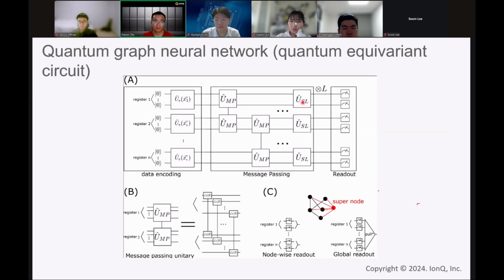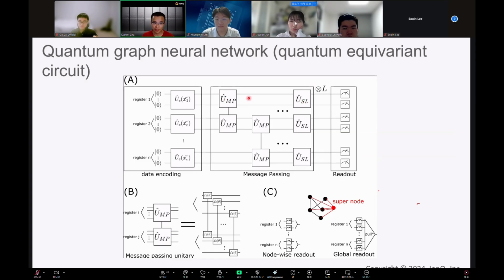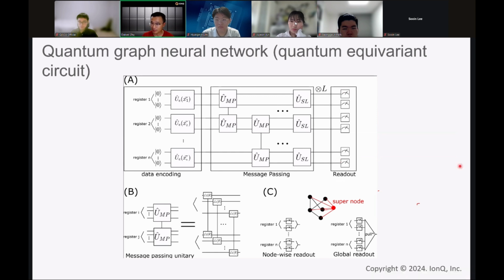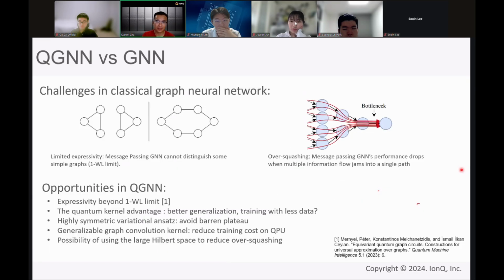And after all, we still have to optimize each of the angles and get a result out, right? But with this structure, we're capable of capturing the symmetry. And with that, did we show result? Okay, we haven't shown result. And their advantage, why would you do this with a quantum graph neural network? Well, there are a few known issues in the classical graph neural network.